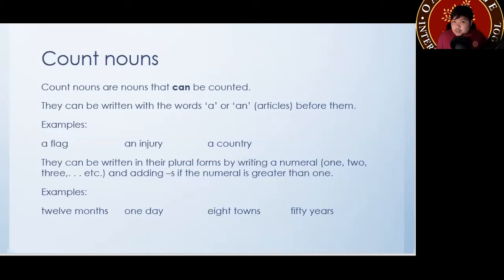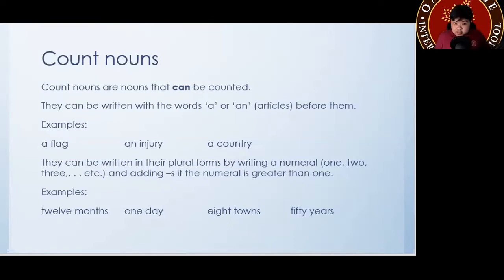Now, just a reminder, I hope you guys did not forget how to use articles. Articles again: you use a for words that start with consonants, and use an for words that start with vowels. Next, count nouns could also be written in their plural forms by writing a numeral, one, two, three.